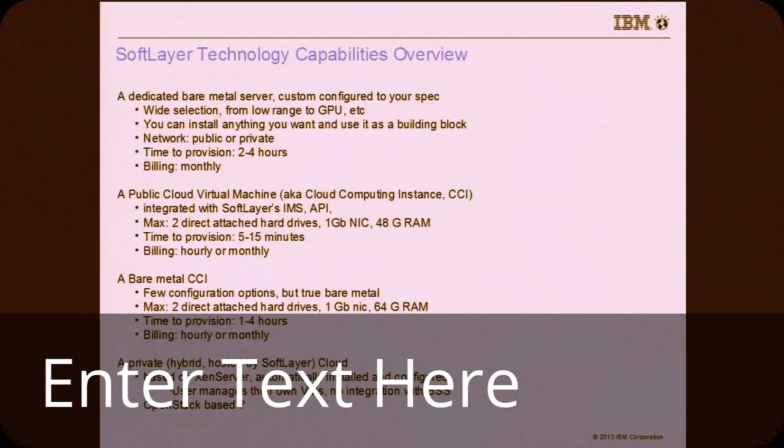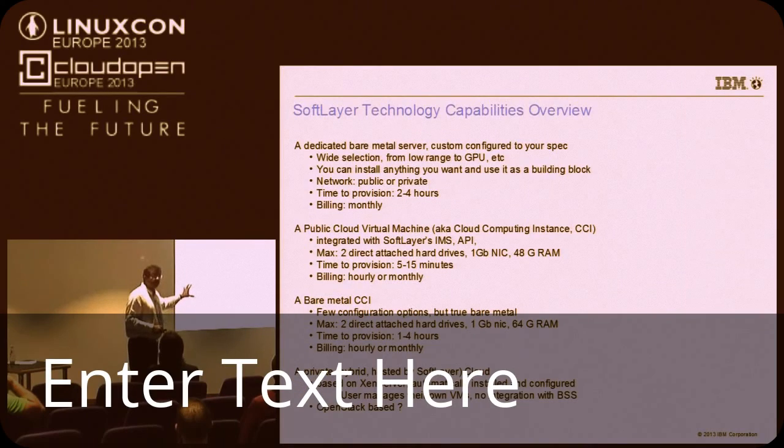Mac this morning talked about SoftLayer, and so I wanted to give you a few details on what SoftLayer is all about. This basically gives you very briefly the technology capabilities of SoftLayer. This is IBM's public cloud, at best comparable, perhaps it's politically wrong, with AWS and others.